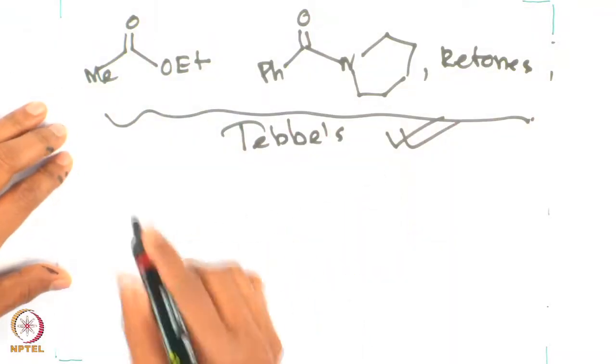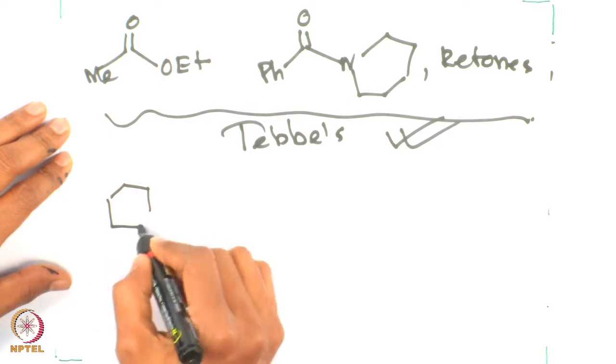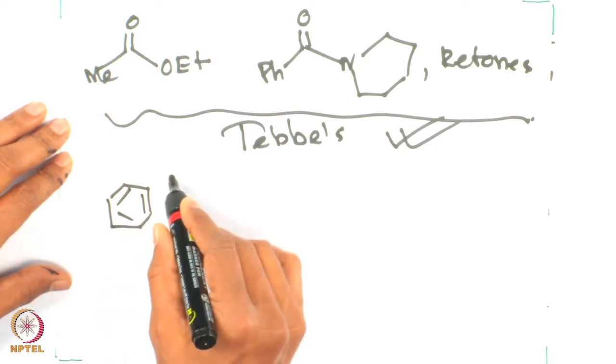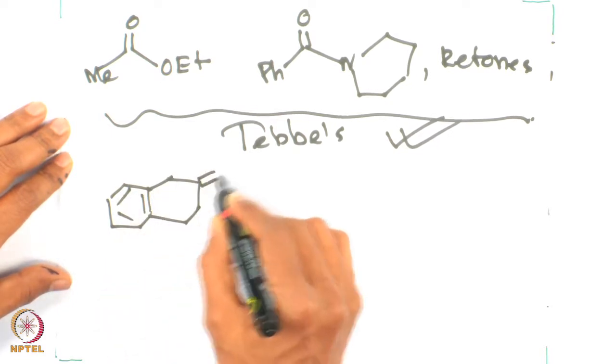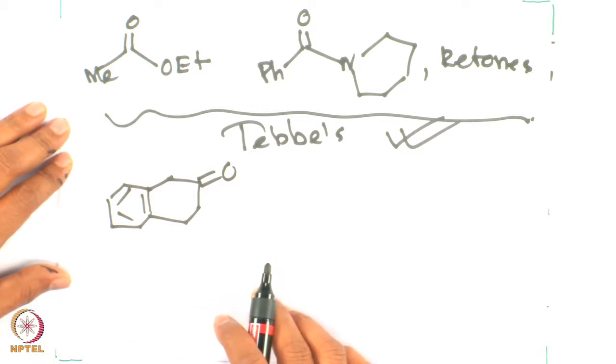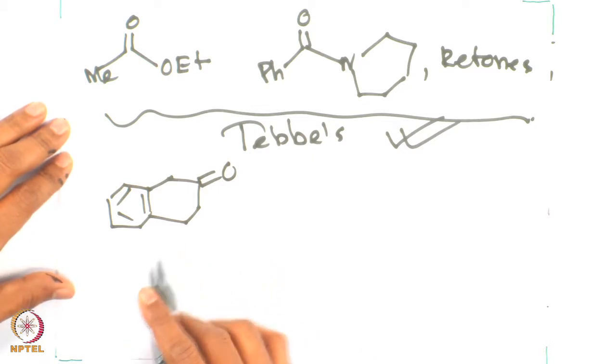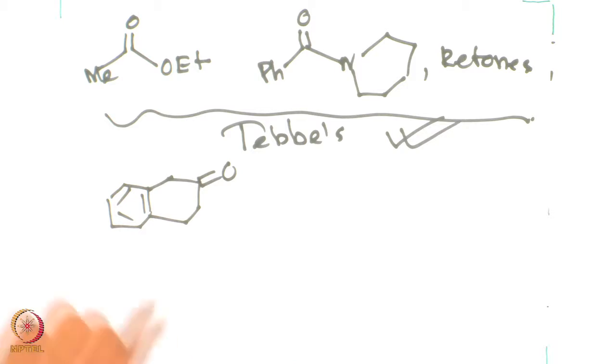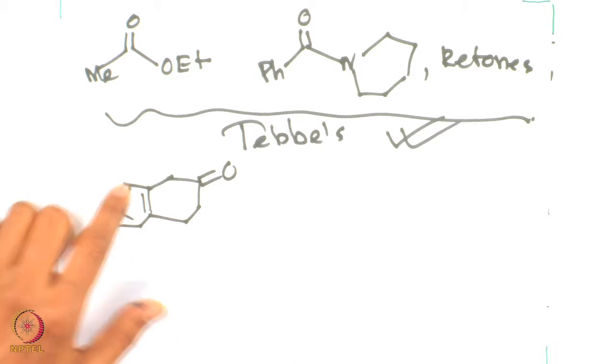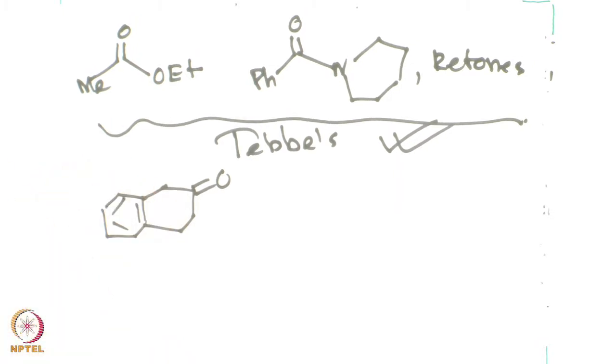The one example that we will discuss specifically is the one where you have an enolizable proton, for example, this ketone. Now, if you are reacting this ketone with the Wittig reagent, you get very little product, because there is an enolizable proton which is not compatible with the Wittig reagent.